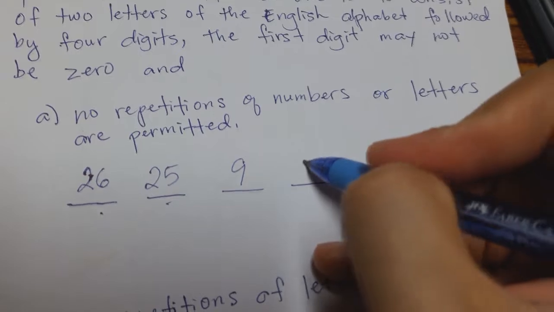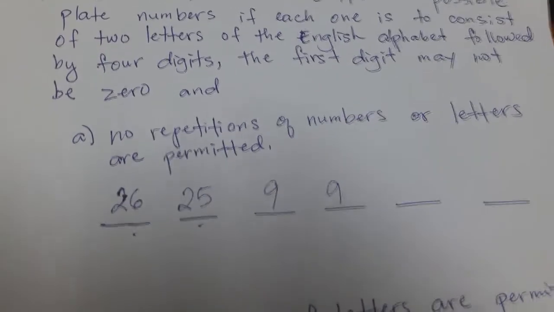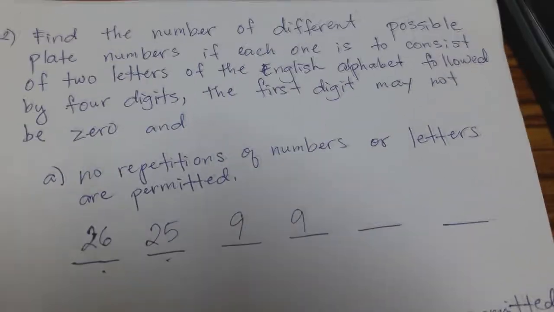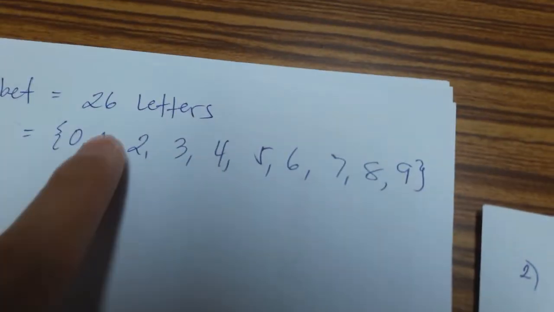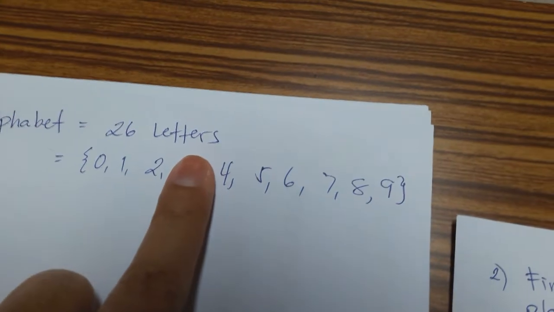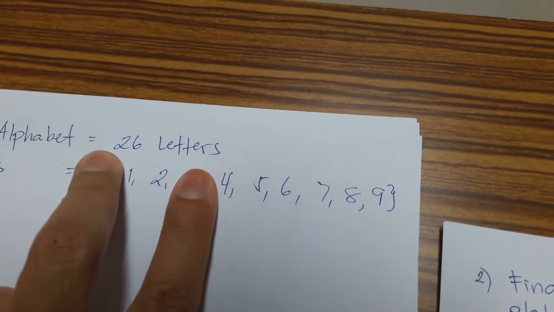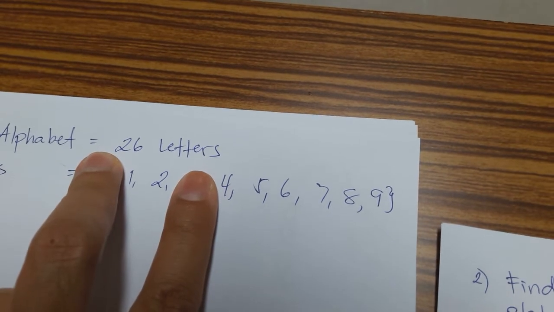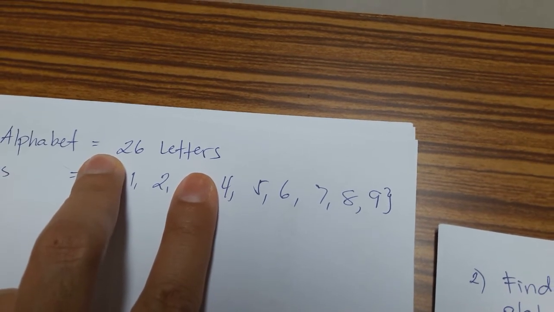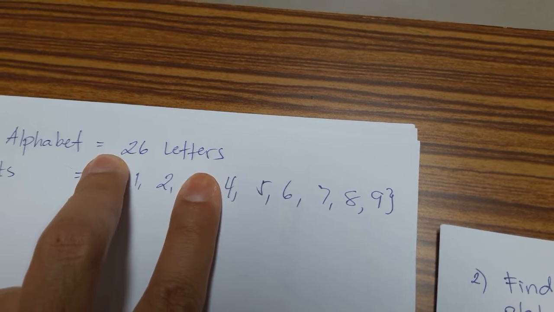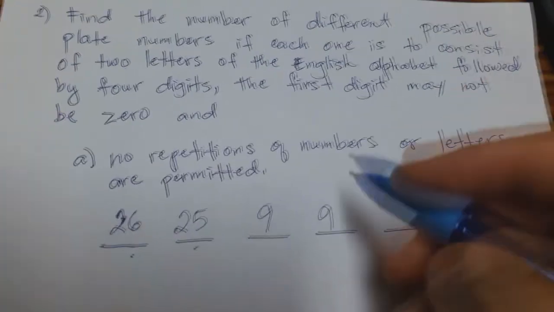Still 9. Next one, for the third digit, again I use 3 for the first, and if I use 0 for the second line, how many options do I have now? Very good. 8.